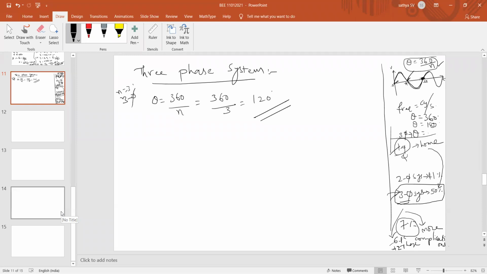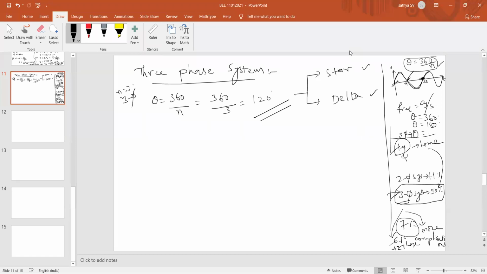In our three phase system, we have two different configurations in the connection modes. The first one is star connection and the second one is delta connection. I will explain in detail about star and delta. Just remember up to this. Once the waveforms are drawn, I will explain in detail how the line and phase voltages work in star connection and in delta connection.